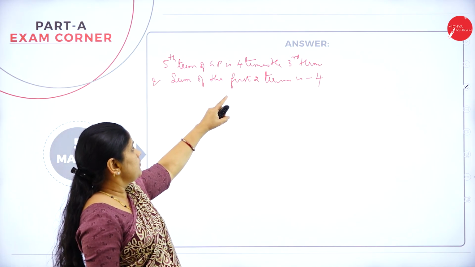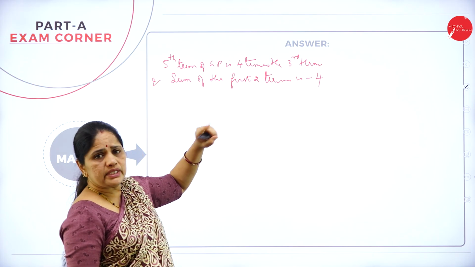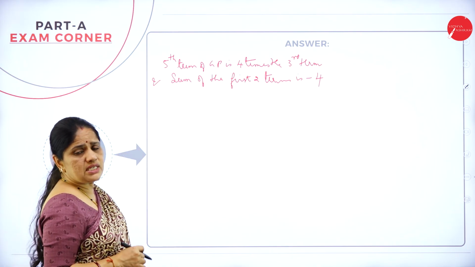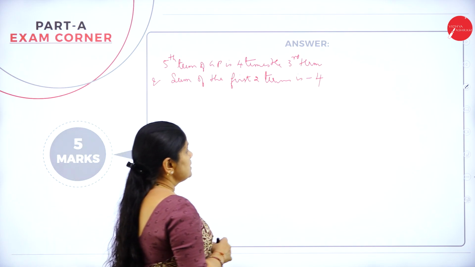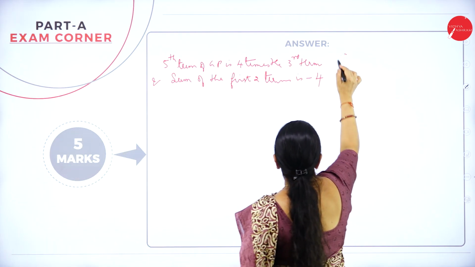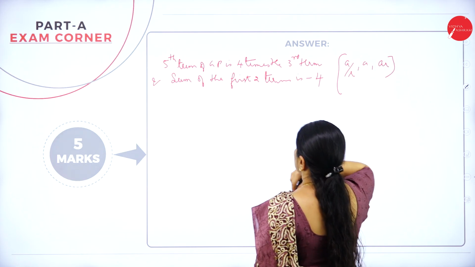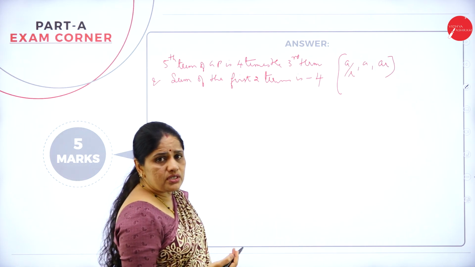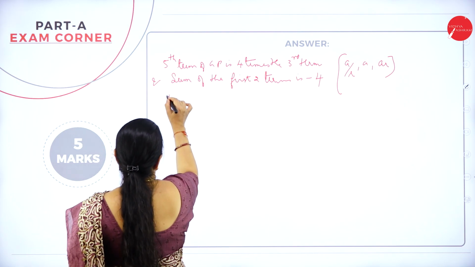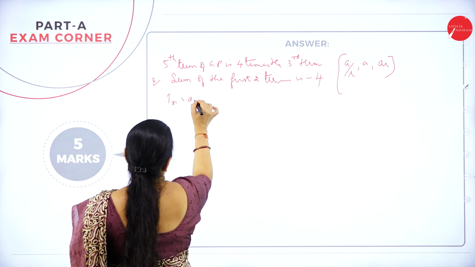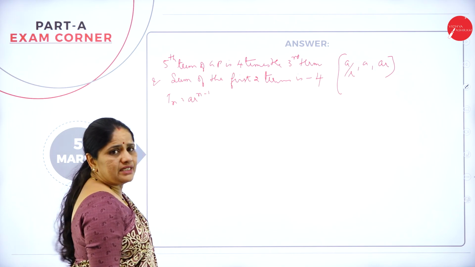So the fifth term of the GP is 4 times the third term. Now we know the standard form of the GP. What is the standard form of the GP? Standard form is a by r, a, ar. Now what is the fifth term? Tn equals ar to the power n minus 1.